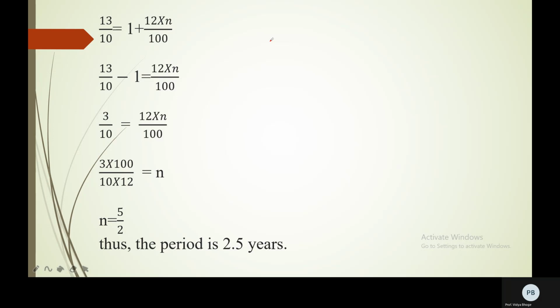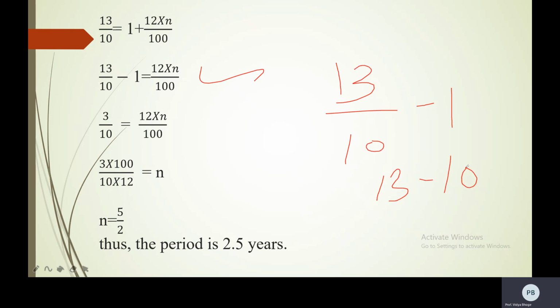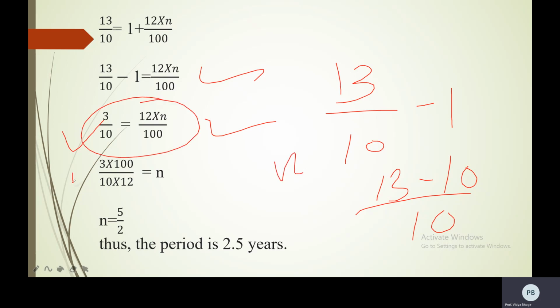Subtracting 1 on both sides, we get 13 minus 10 divided by 10, which is 3 by 10, equal to 12 into N divided by 100. Then we calculate the value of N. N is equal to 3 into 100 divided by 10 into 12.